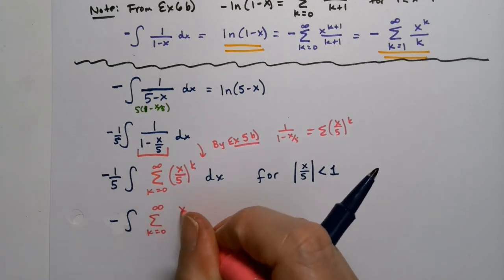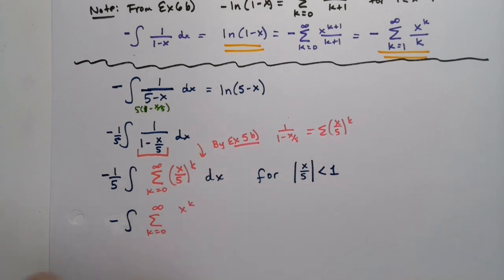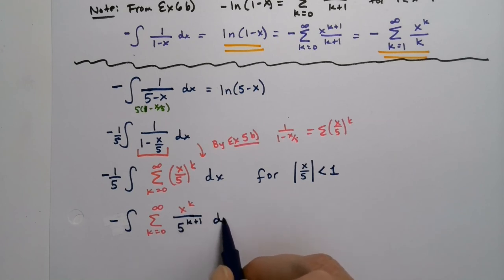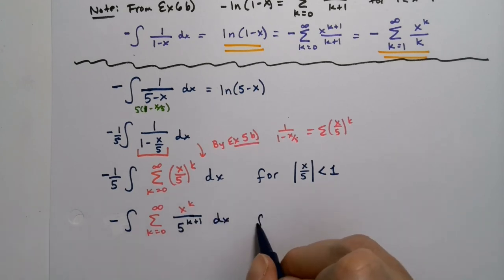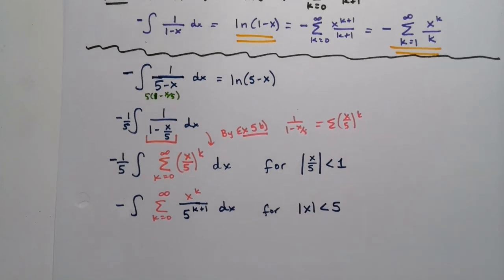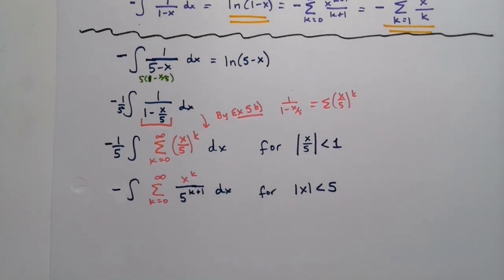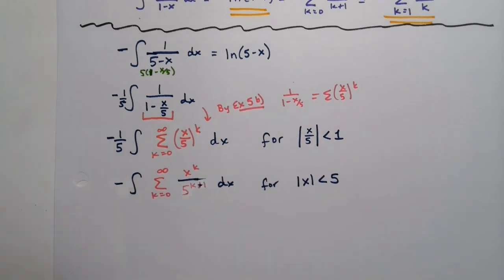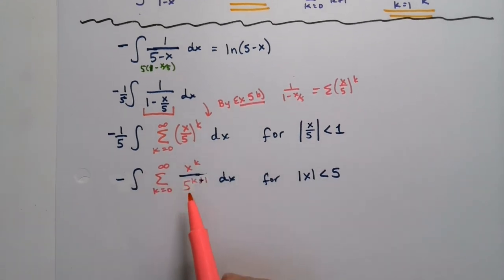I have x to the k still, but I'm going to have a 5 to the k times another 5. So that's going to be 5 to the k plus 1, dx. And again, it's still for this interval, but we could also write this interval as that. Right? You could multiply both sides by 5.